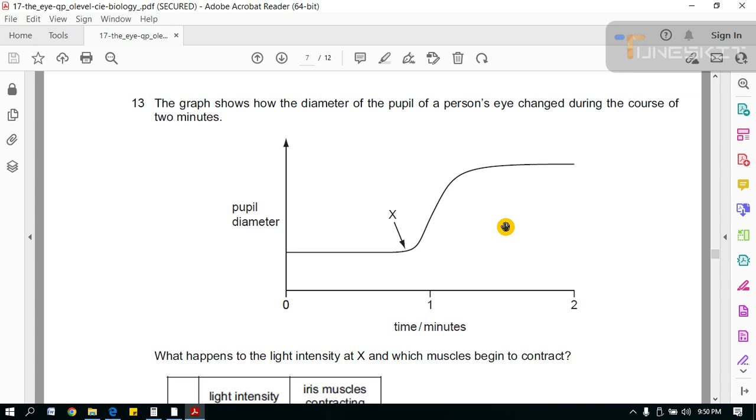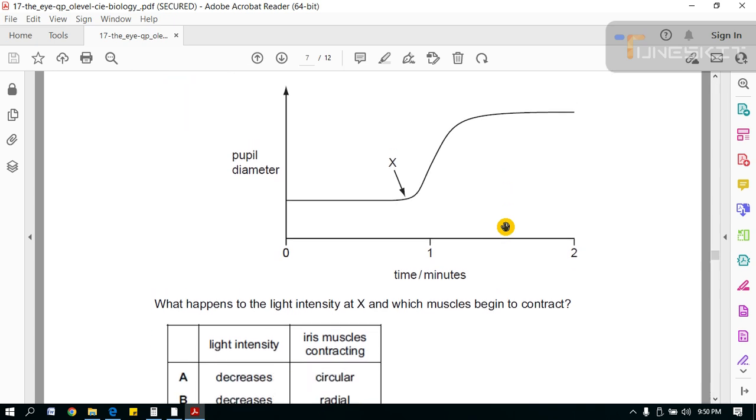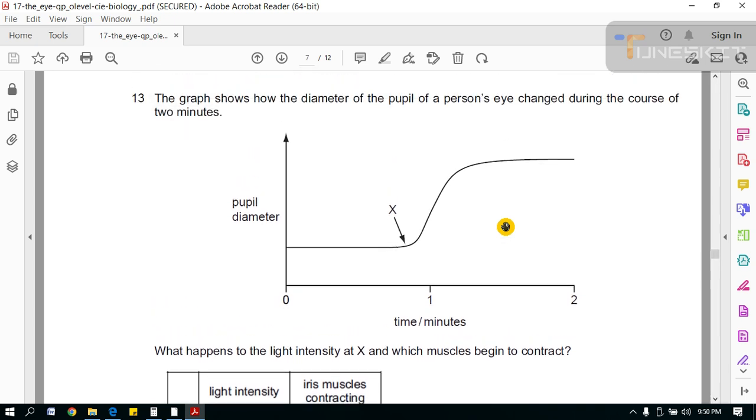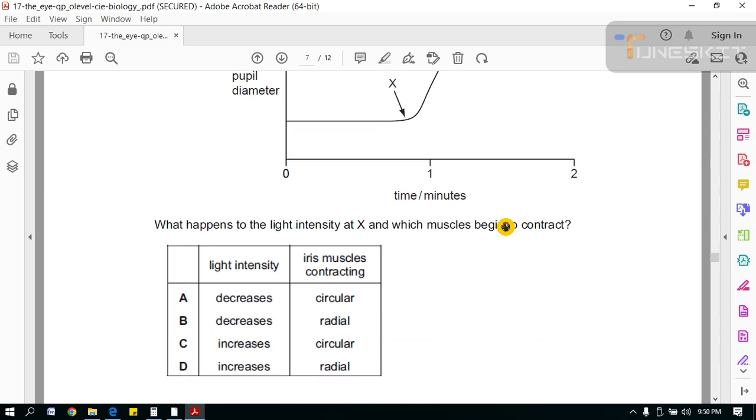So what happens to the light intensity at X, at which muscles began to contract? Yes, what happens to the light intensity at X? Light intensity increase. Is it increasing? Okay, iris muscles contracting.